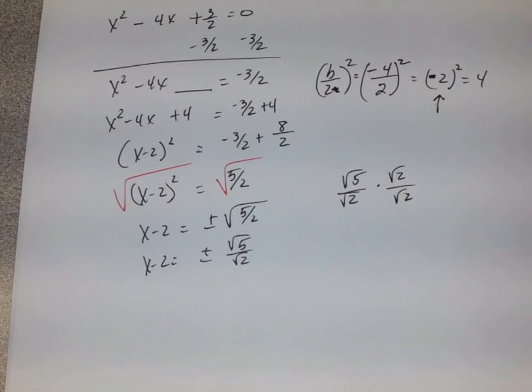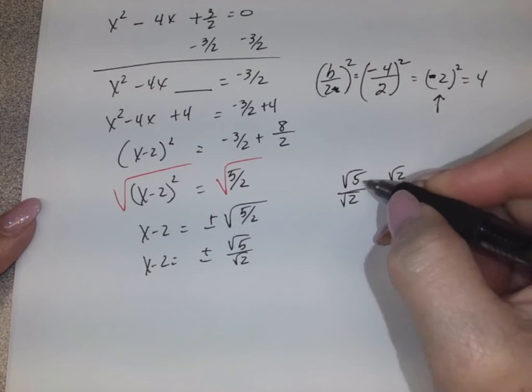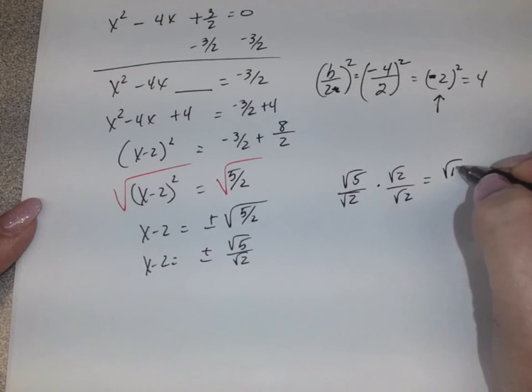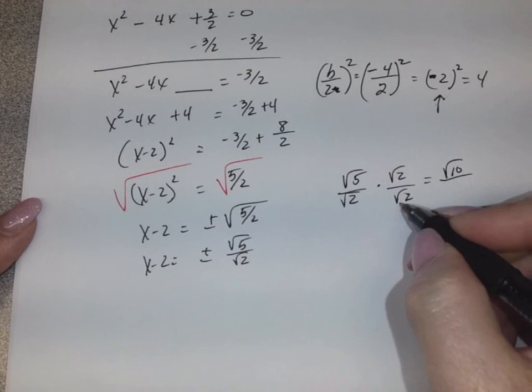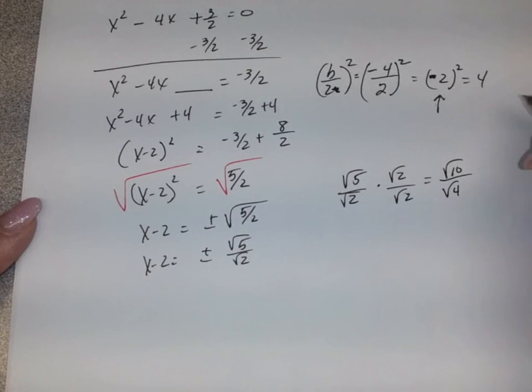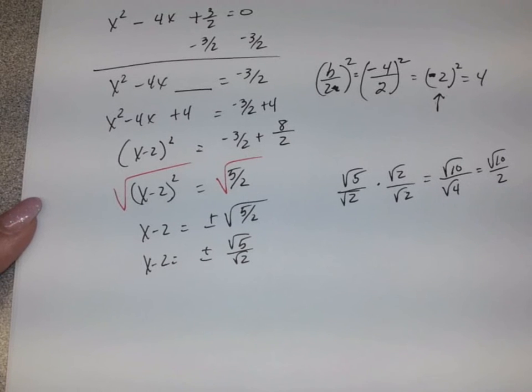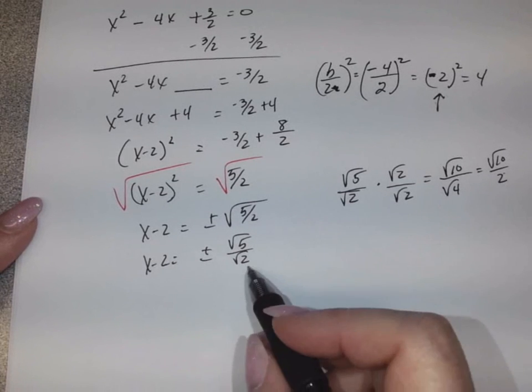Square root of 5 times the square root of 2 will get us the square root of 10. Square root of 2 times the square root of 2 is the square root of 4. So square root of 10 over 2. So this will come back down here. So x minus 2 equals plus or minus the square root of 10 over 2.